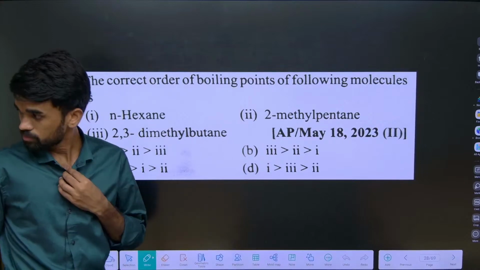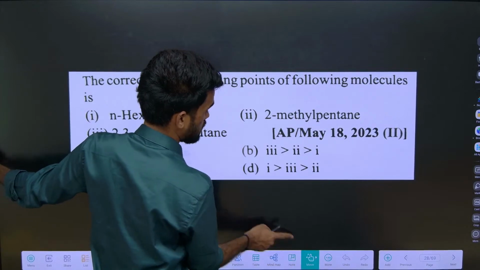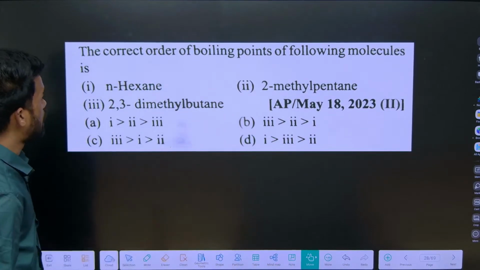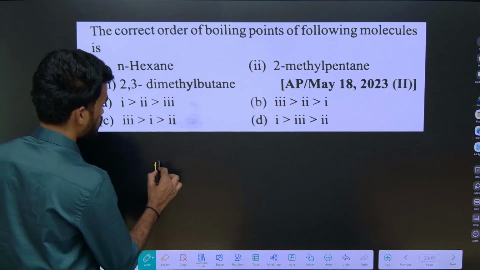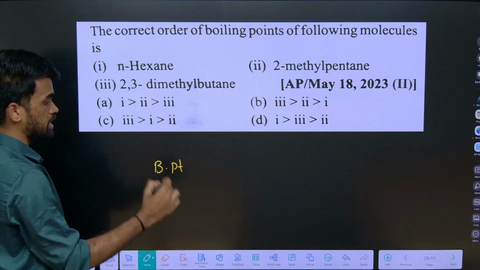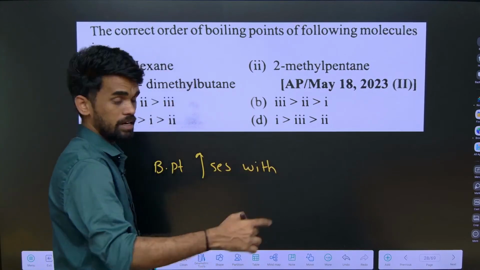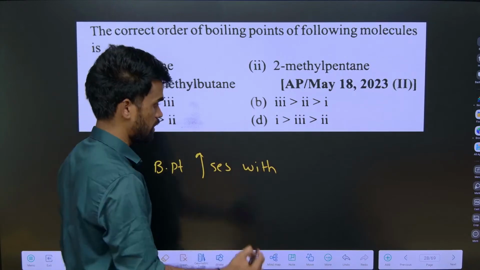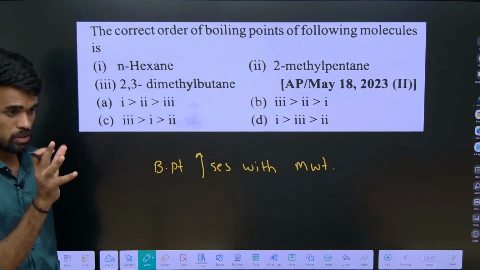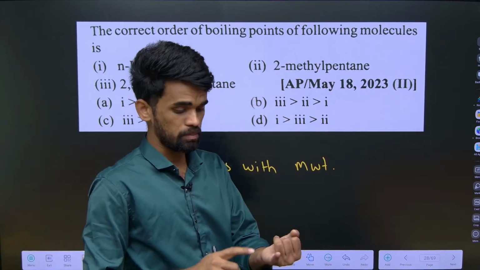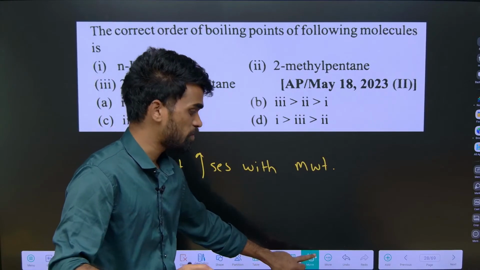Then next we have the correct order of boiling points of the following molecules. These are physical properties, so this is a question based on the physical properties of alkanes. How can we say this? The boiling point of alkanes increases with an increase in their molecular weight. That is one thing. For compounds of a particular molecular weight, for example pentane, isopentane, the same number of carbons should be present.